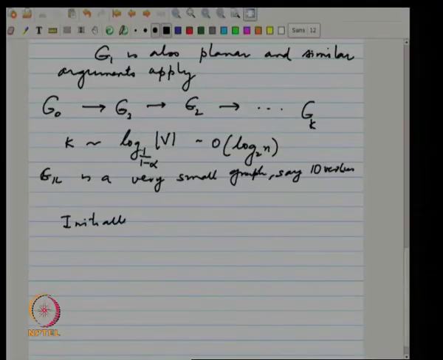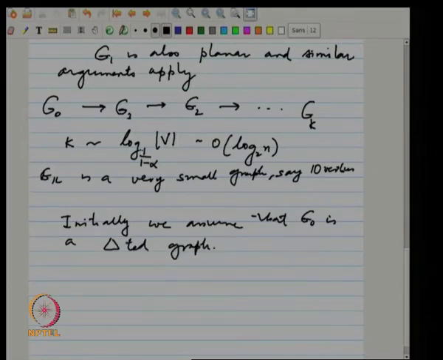But what is it that we are trying to solve? We are trying to build a data structure for the point location problem, right. Initially we assume that G naught is a triangulated graph. If G naught is not triangulated, we triangulate it. Now, we do not know at this point how to triangulate quickly.